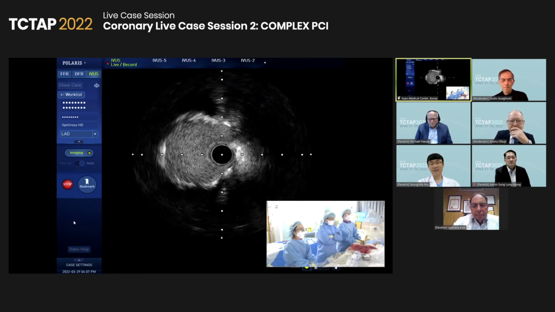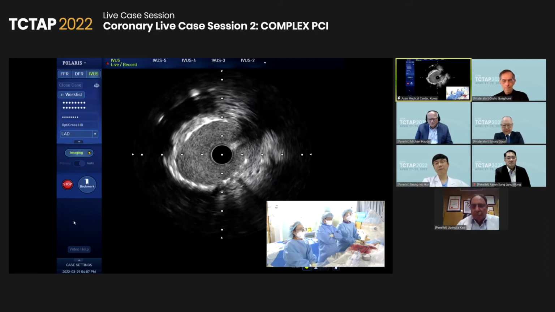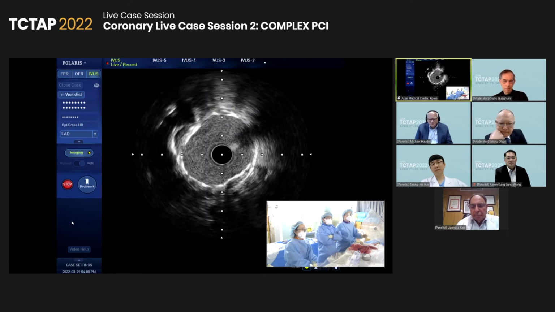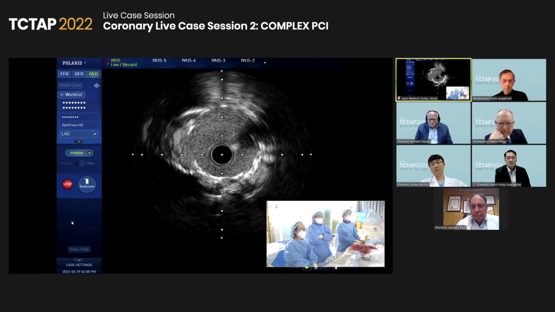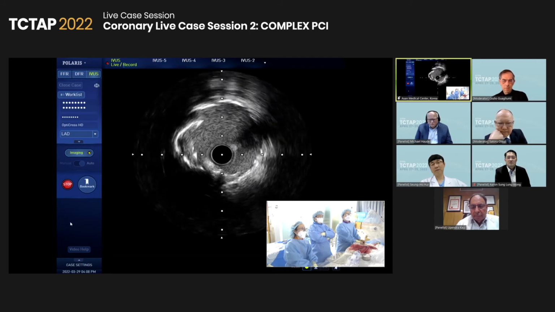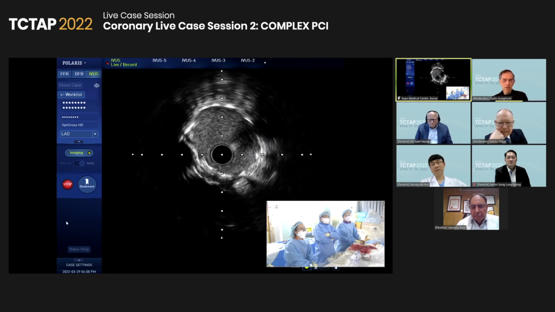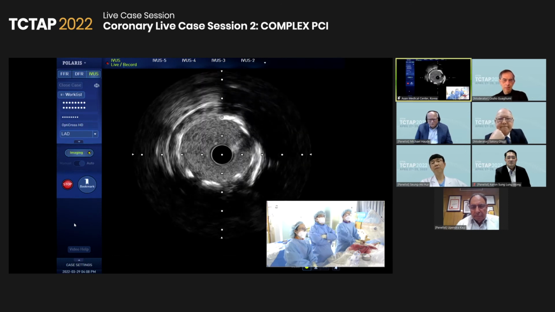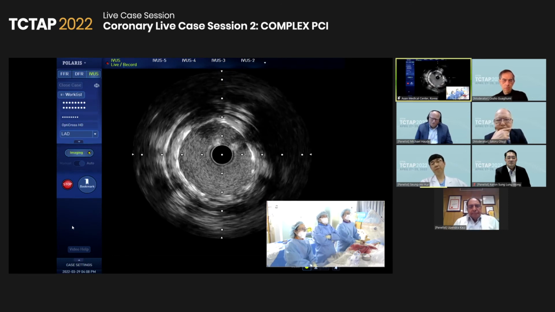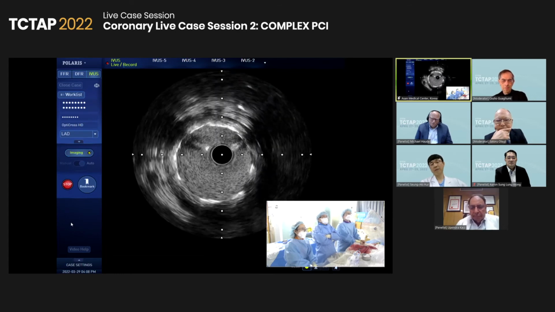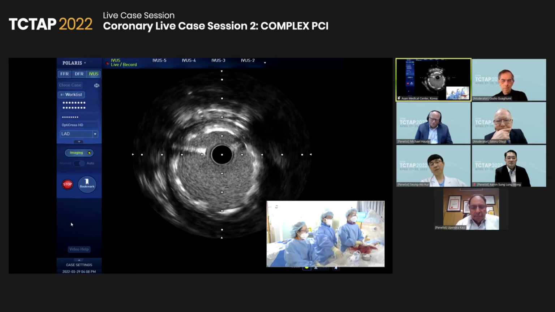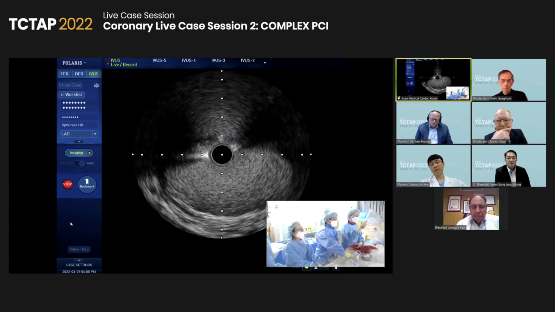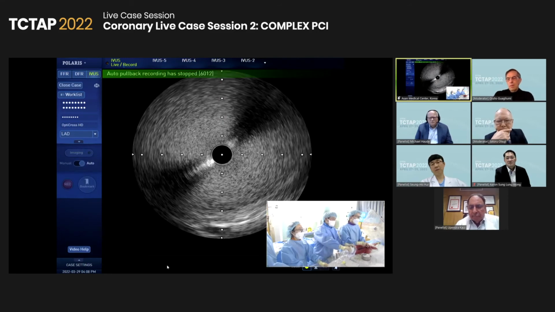Here is the IVUS pullback from the mid LAD, and as you could see at the previous IVUS, there's some eccentricity with the protruding calcification, but still the lumen gain is enough. 9 and 10. Yeah, and left main, the ostium. Let's see. As we applied the sub-maneuver at the left main, but still the left main is well covered at the ostium.